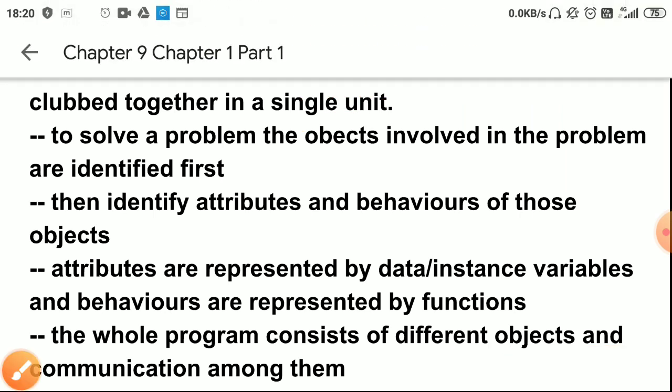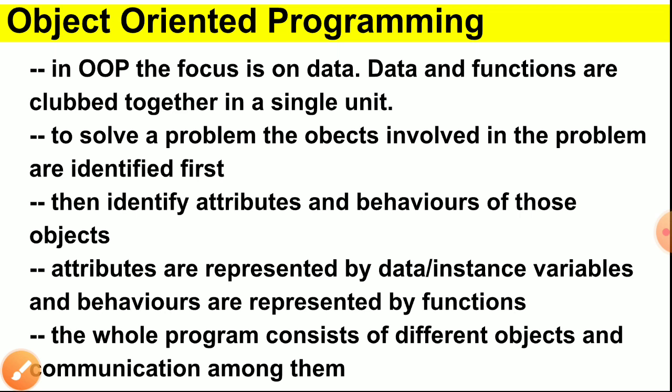The next point: to solve a problem, the objects involved in the problem are identified first. Let's take the example of the banking application again. You're creating a banking software, and in that software, what do you think might be the objects involved? That is the first thing you'll need to identify, and I've already given you three examples: customer, employee, manager.